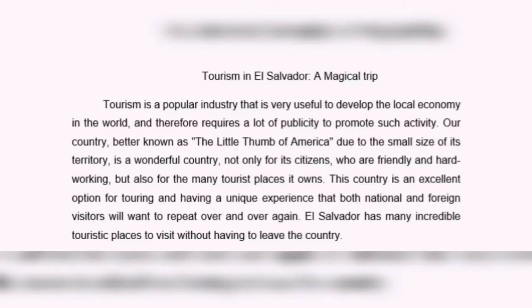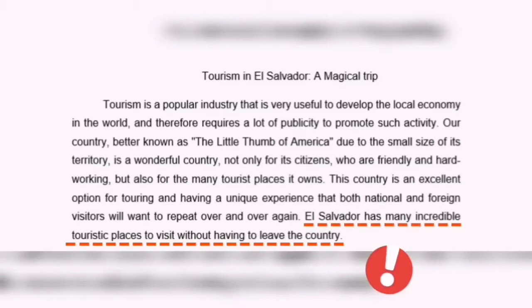In the essay, we have the title. It says, Tourism in El Salvador, a magical trip. In the introductory paragraph, we address a small outline that will introduce us to the topic to be explained. Remember that the last sentence of this paragraph has to be the topic sentence of our main paragraph, the previous one.